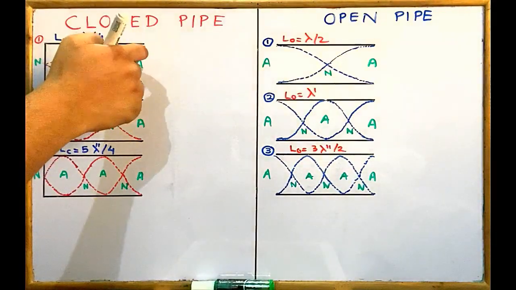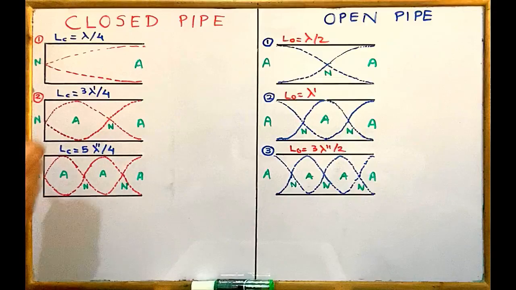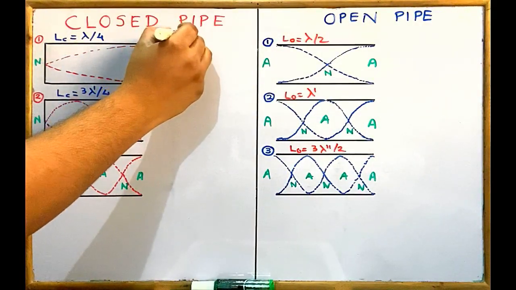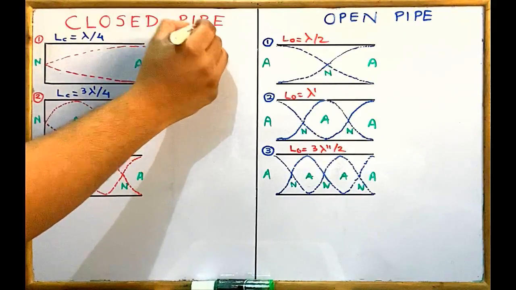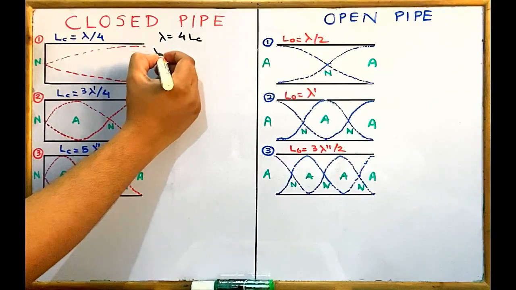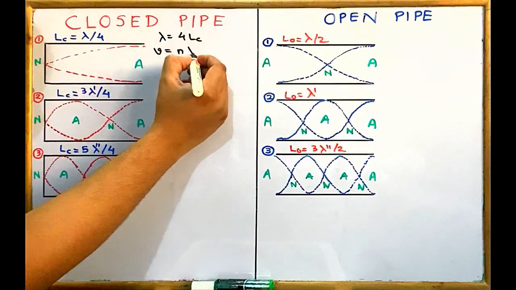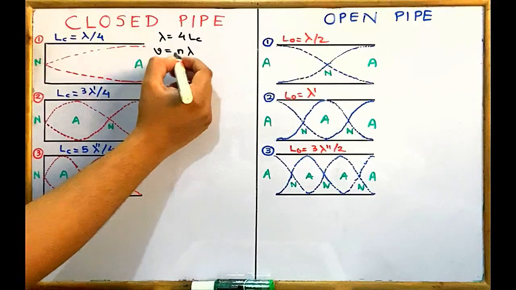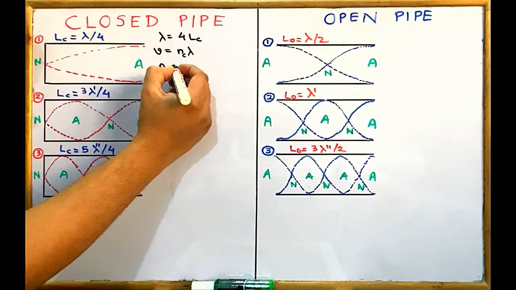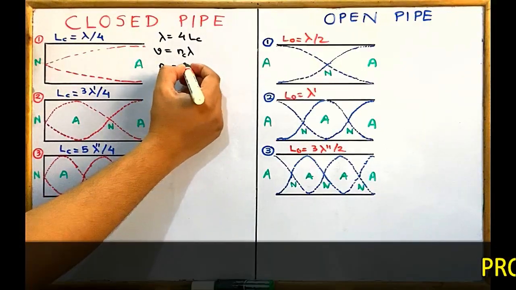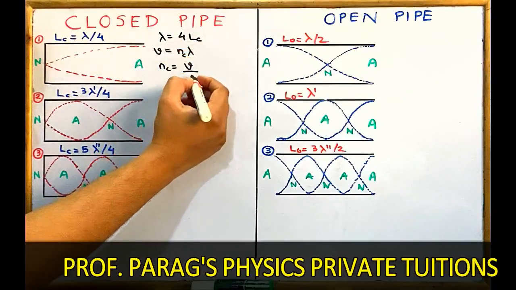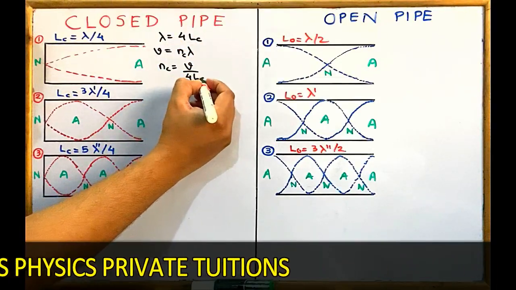So what can I say in case of the fundamental mode here, the fundamental frequency? First of all, I can say lambda is 4 times LC. This is from the diagram. And then if I simply use the fact that V is n times lambda, and because I have the fundamental case, let me call it as NC, I'm going to get NC is equal to V by lambda, but the lambda value I know from here, it's 4LC, right?